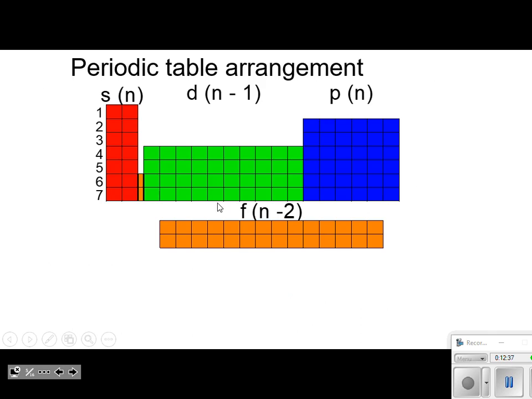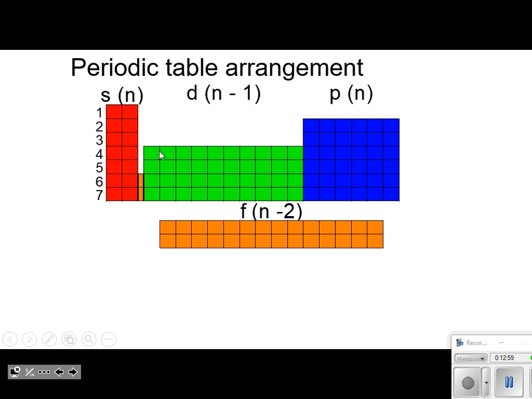Right here, s is equal to n. So this is 4s right here. Then comes d. Well, d is equal to n minus 1, so this is 3d. That's that overlap happening right there.